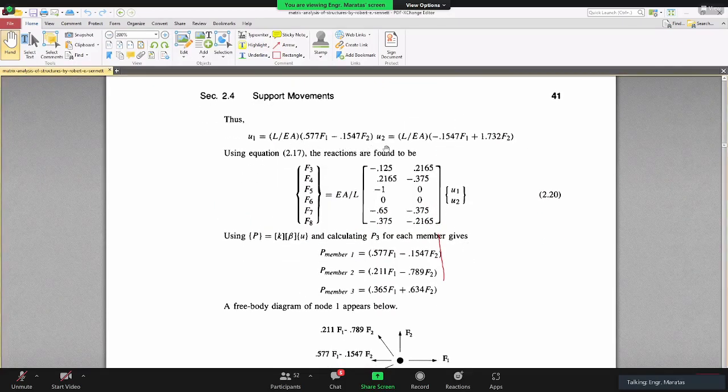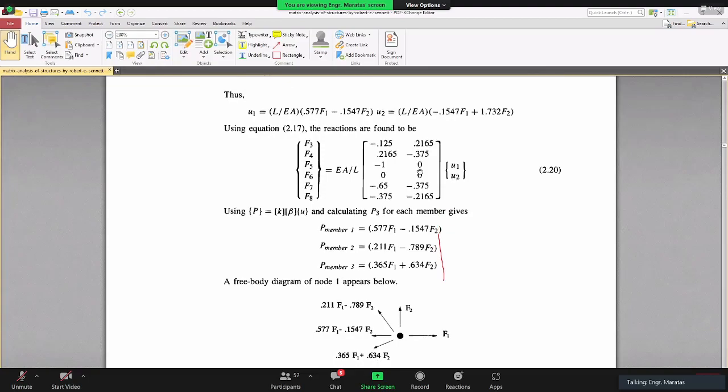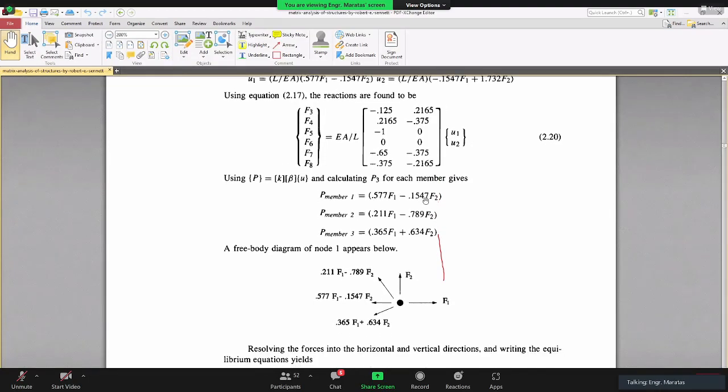So these are now our forces. Then after that, you solve the displacements, then you solve the member forces, using this relationship. We have discussed it already in the previous meetings.